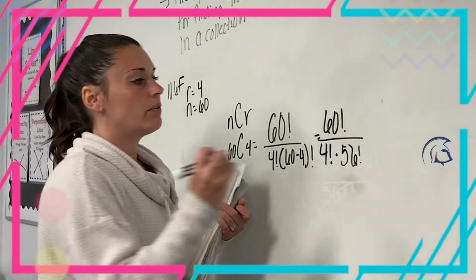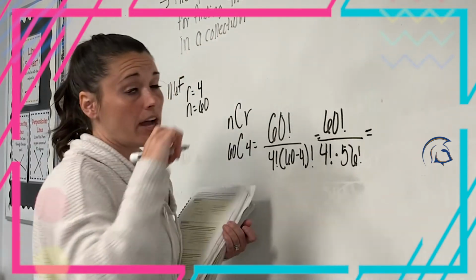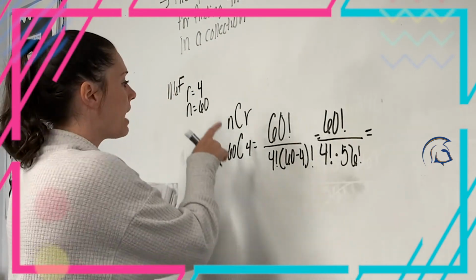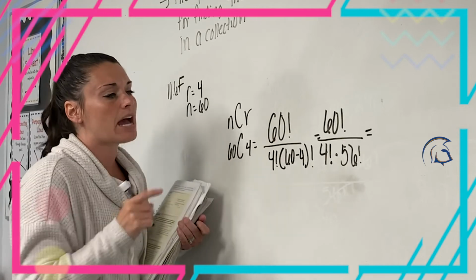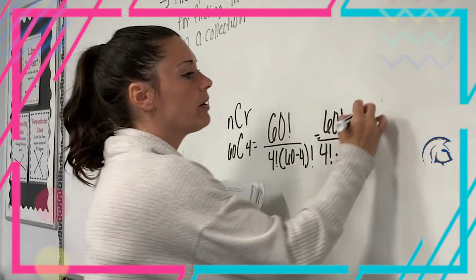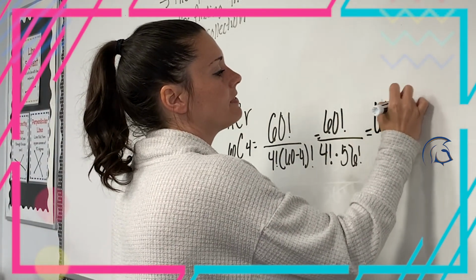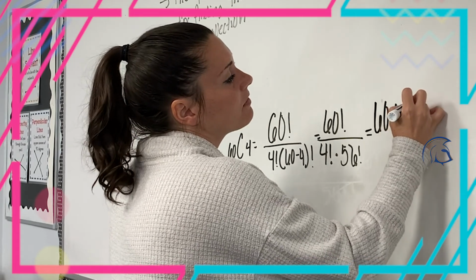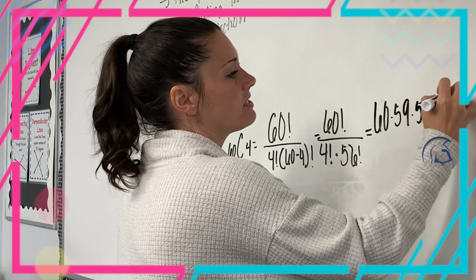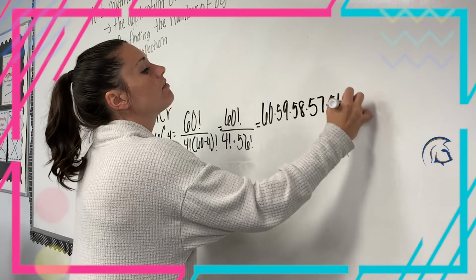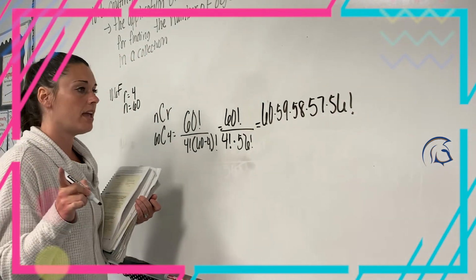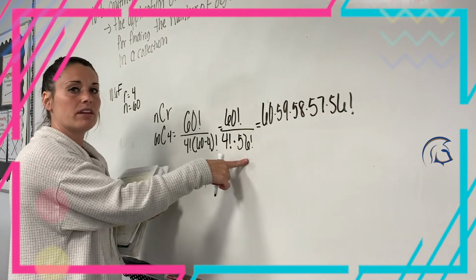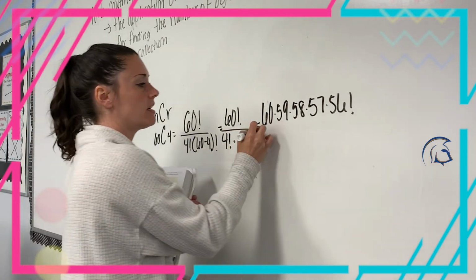Now, we are going to evaluate this. If you're not using your calculator, if you don't have this button, this is how we're going to do it, okay? We are going to write 60 times 59 times 58 times 57 times 56. Stop, okay? Why? Because we are going to cancel out this 56, okay?